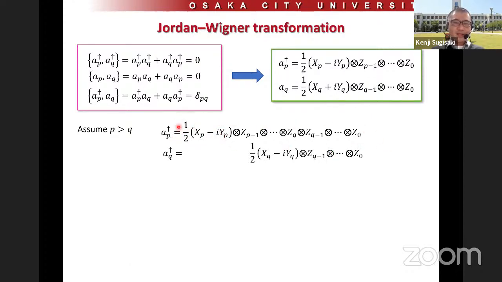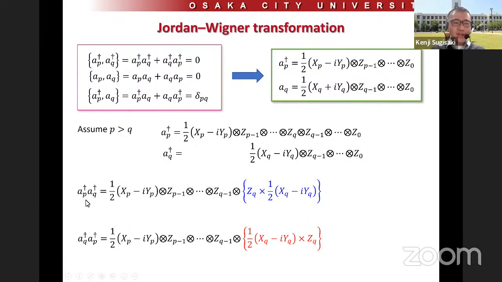It's a Pauli X minus i Pauli Y operator on qubit p and additional Pauli Z operators from 0 to p minus 1. And also a_q can be written as shown here. So a_p† a_q can be calculated as shown here.